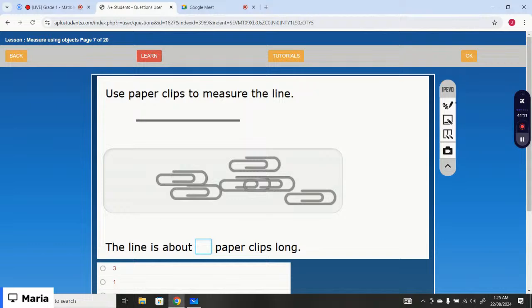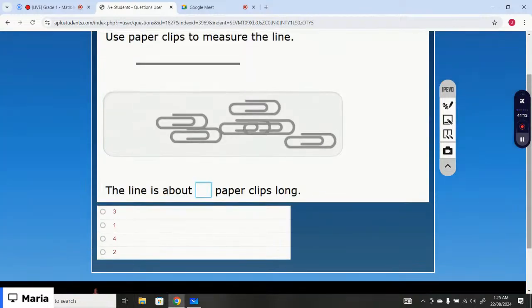Use paper clips to measure the line, which is the correct option. The line is about dash paper clips long. So, which is the correct option?